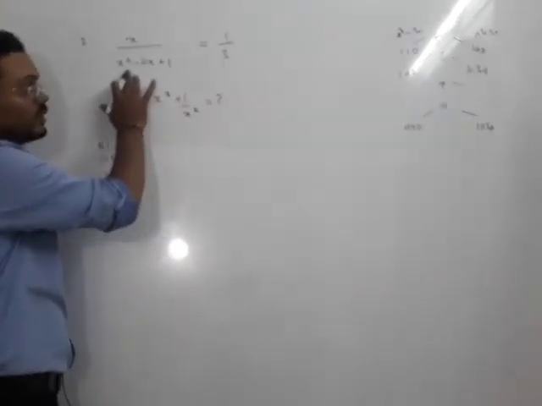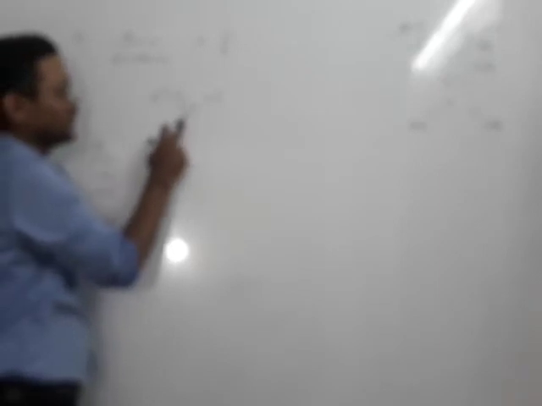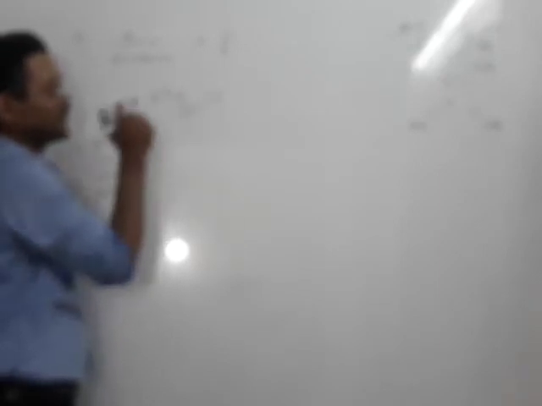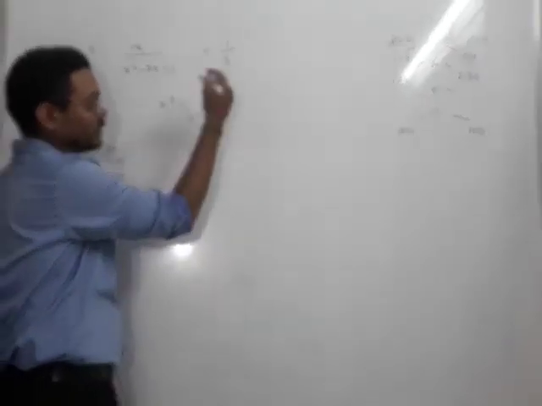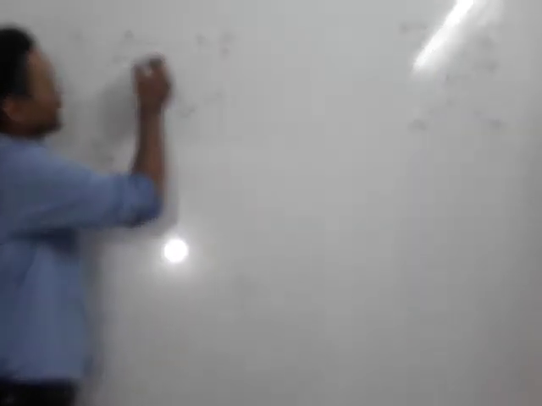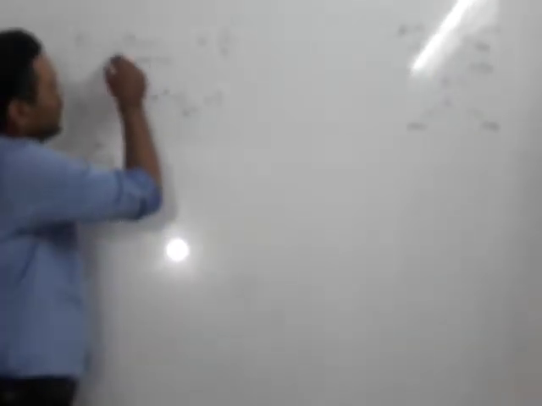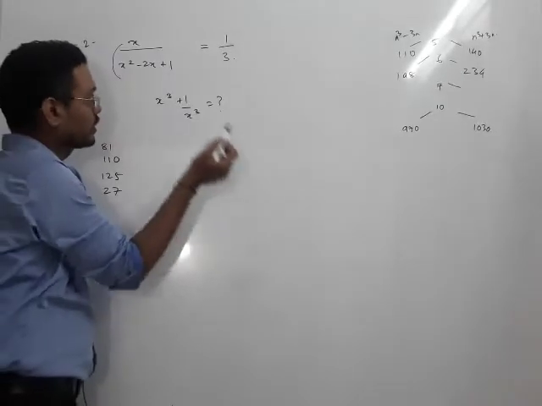Now this is given. The moment I see this, I know that in order to find x cube plus 1 by x cube, I must have x plus 1 by x. How will I get x plus 1 by x? I can do this orally.